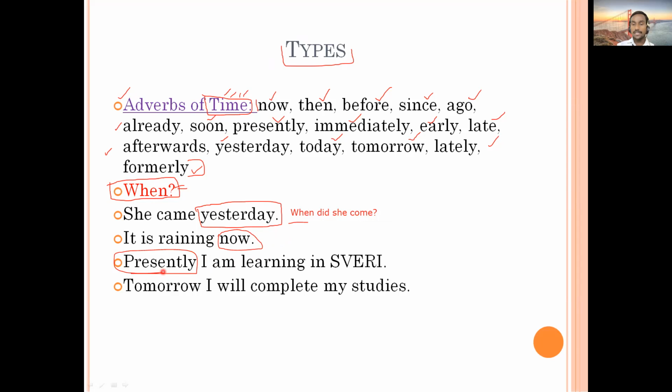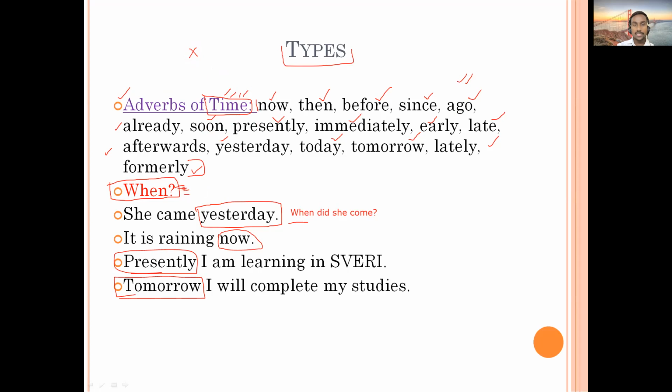Tomorrow I will complete my studies. Tomorrow. So these are some examples and you can make more. Here we are talking only about adverbs, not adverb clauses. Clauses are separate; maybe if we get time, we will learn about clauses also. But right now it is only adverbs of time. They talk about when a particular action takes place.